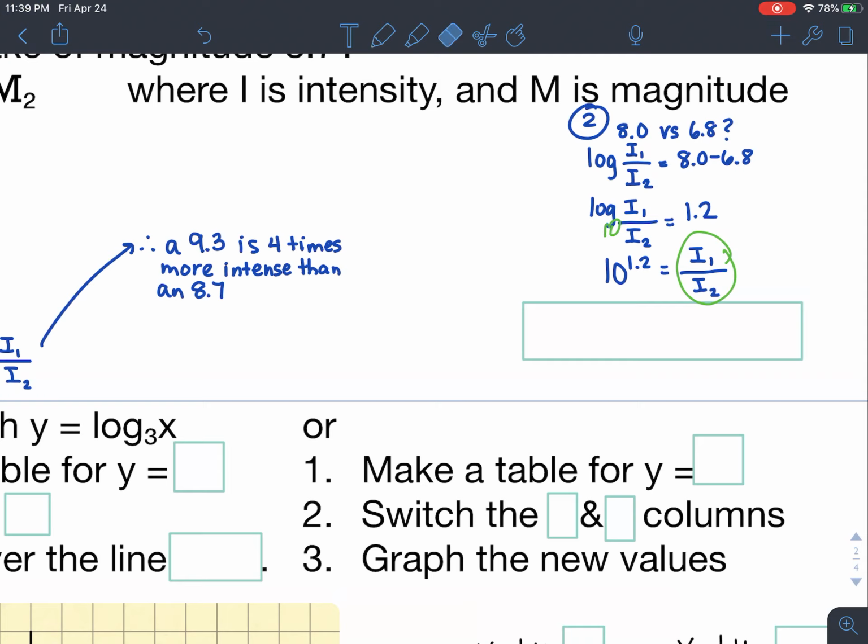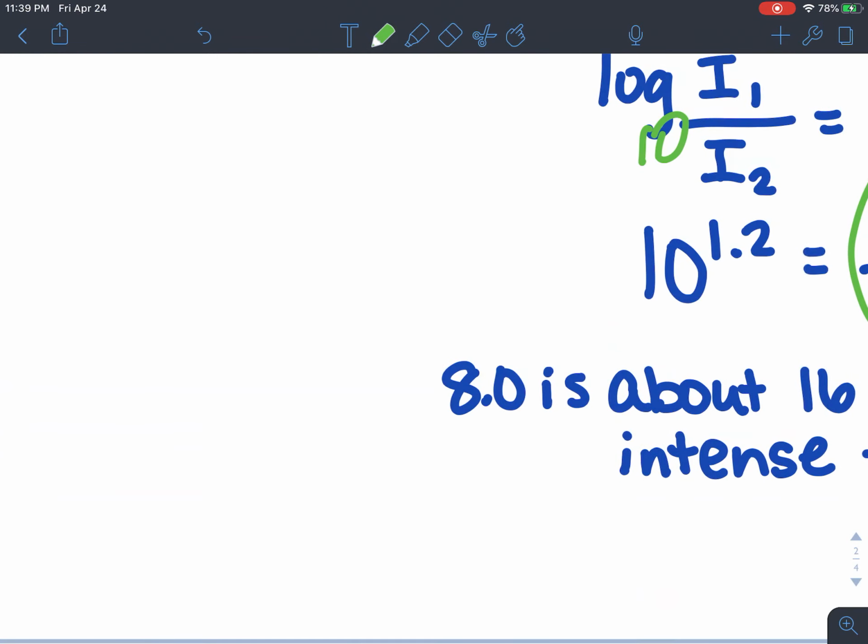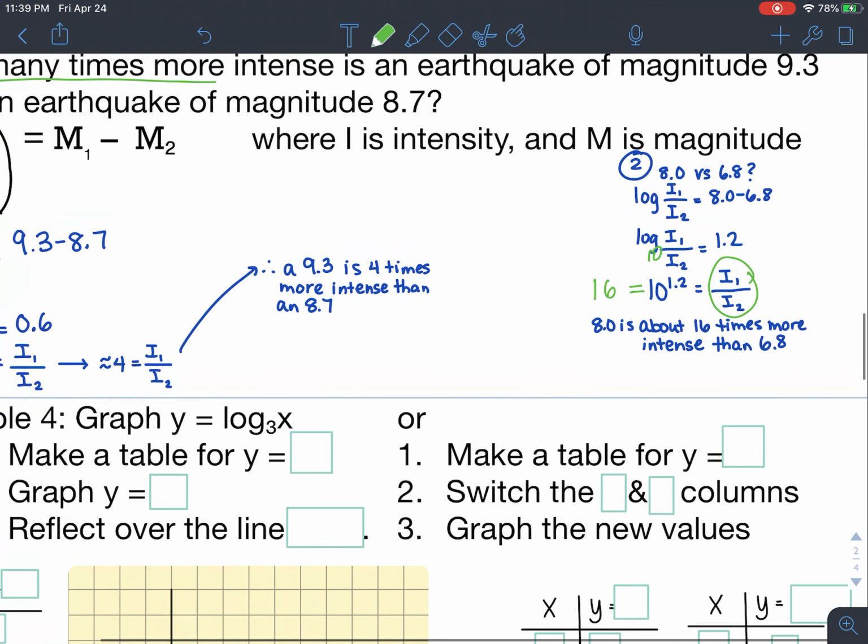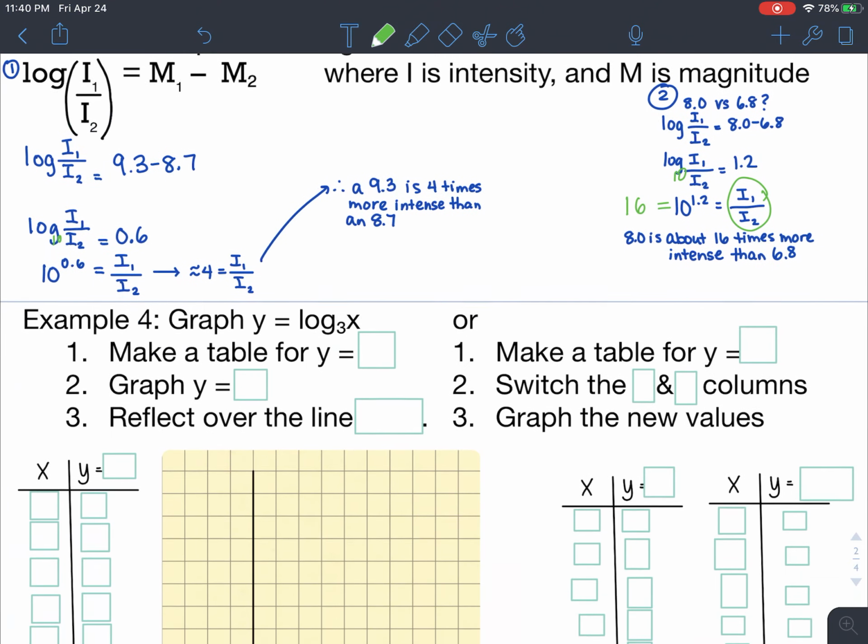We're looking for the comparison. So whatever 10 to the 1.2 is, that's the answer. So an 8.0 earthquake is about 16 times more intense than a 6.8, because 10 to the 1.2 is about 16. 16 times is bad. Yikes.